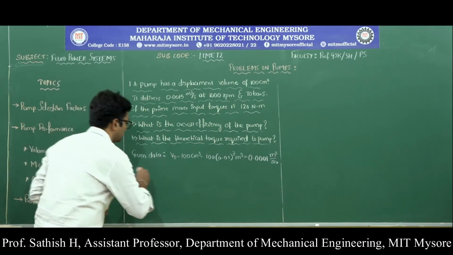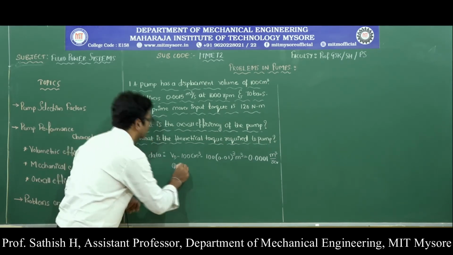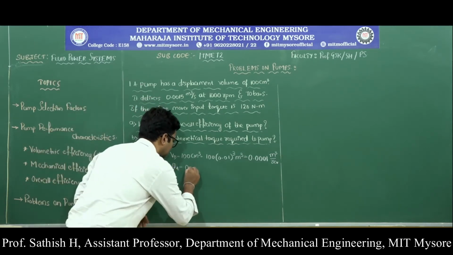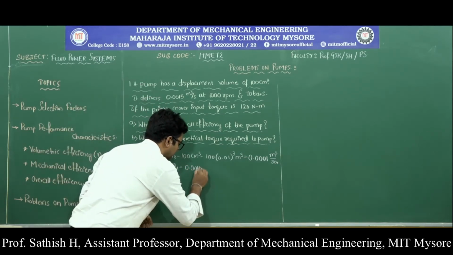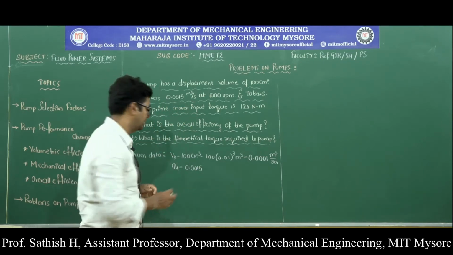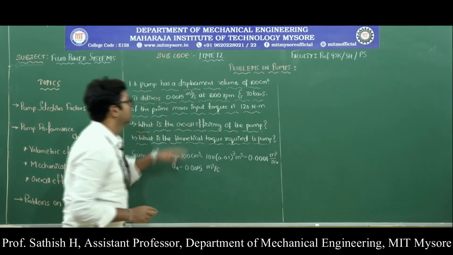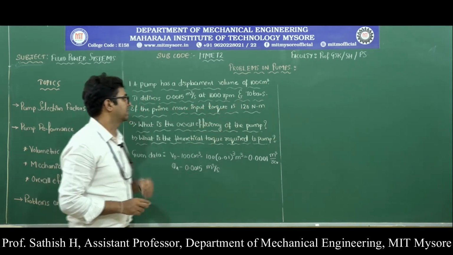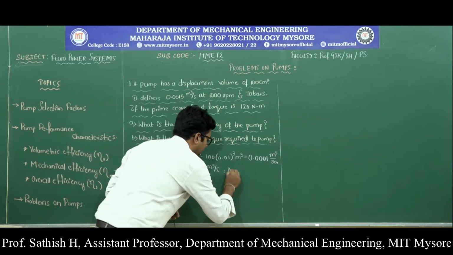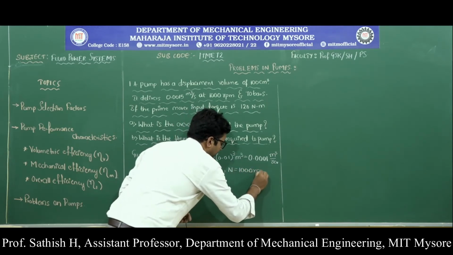So QA is equal to 0.0015, the pump delivers, and the unit for this flow rate is meter cube per second. Then the pump speed is given, capital N is equal to 1000 rpm.